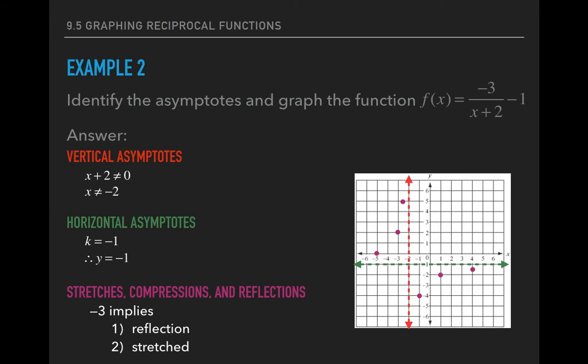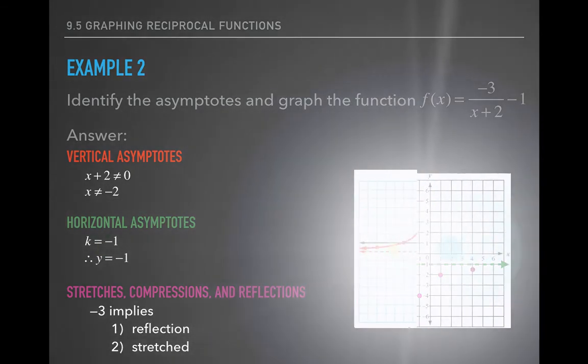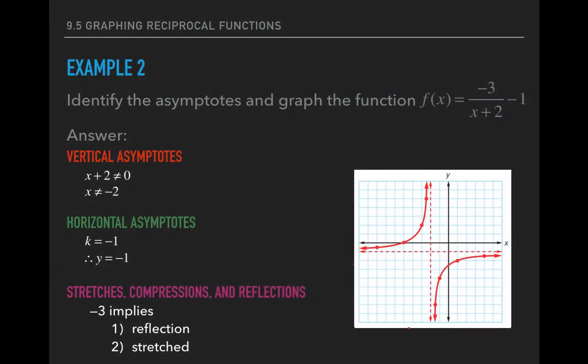You should see that those dots create this nice symmetry, and that is true of these reciprocal functions. I know the graph has shifted over a little bit. The graph should look like this when you have sketched and connected those points in a nice hyperbolic shape.